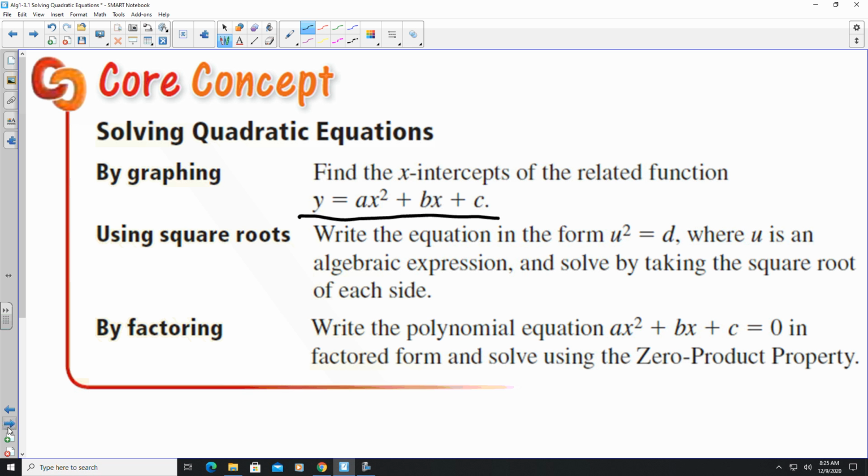The first one that they have here is using square roots. There are some stipulations when you're solving using square roots. If you're using the standard form ax squared plus bx plus c, b has to equal 0. So you're using the equation essentially y equals ax squared plus c.